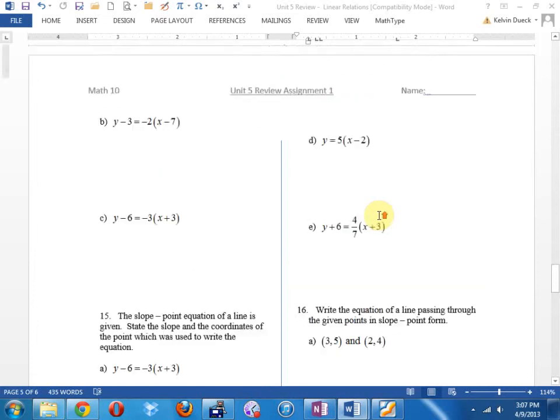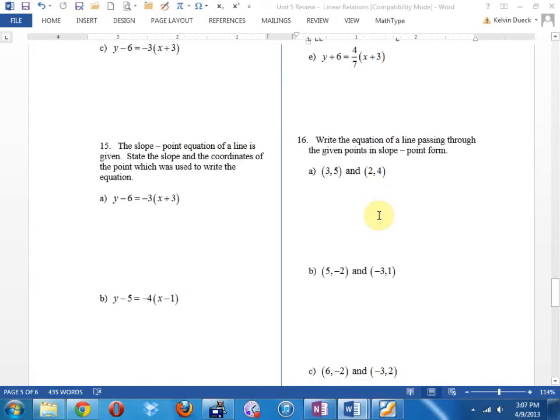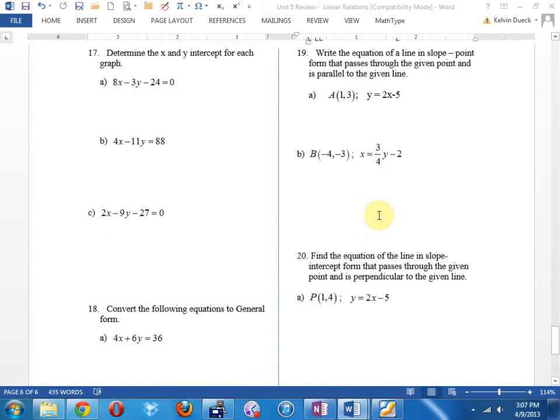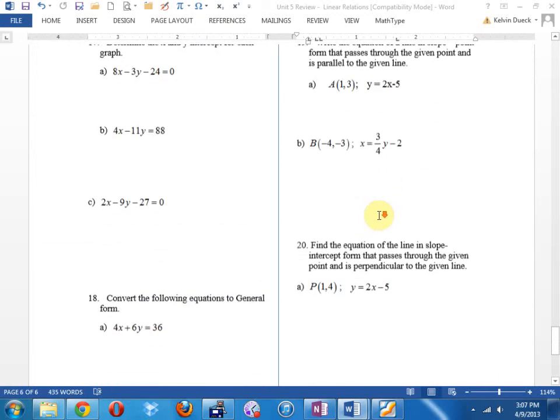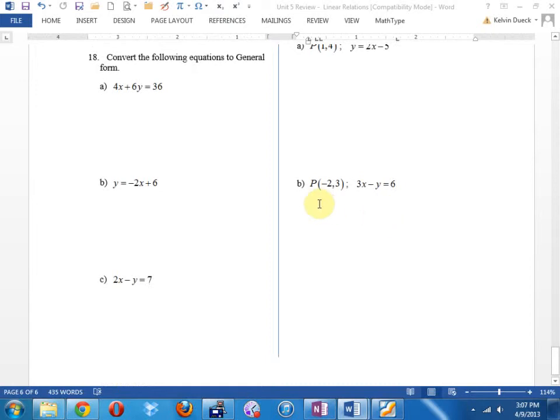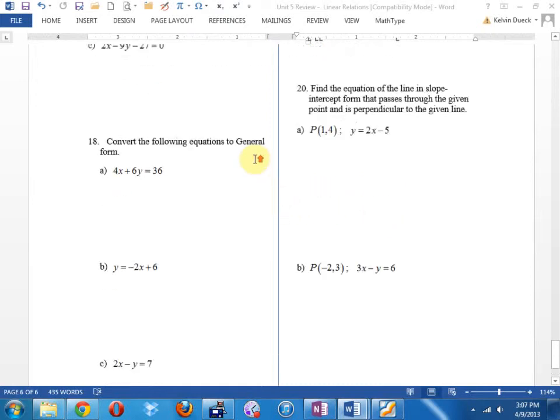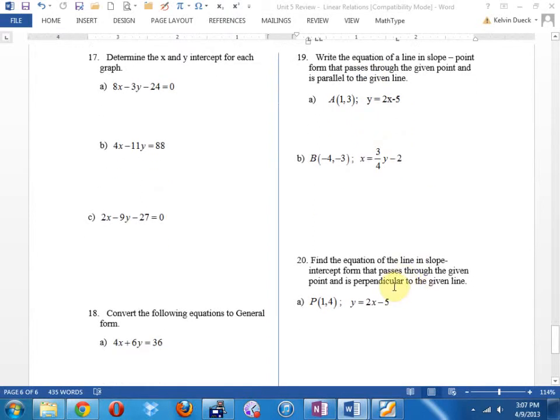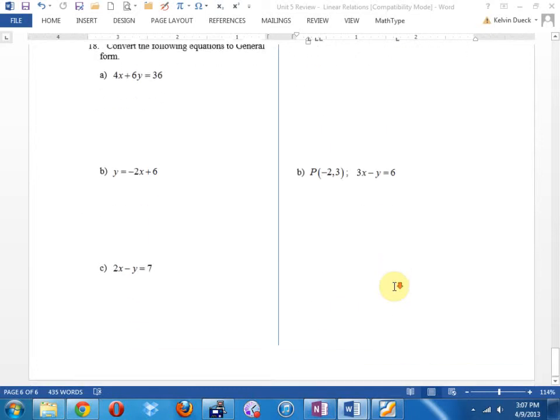Number 15 is totally fair game. 16 is totally fair game. 17, finding an x and y intercept, absolutely. Number 18, going to general form, absolutely. Number 19, giving you parallel, or like number 20, giving you perpendicular lines, totally fair game.